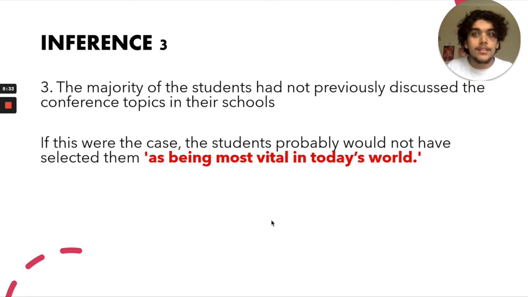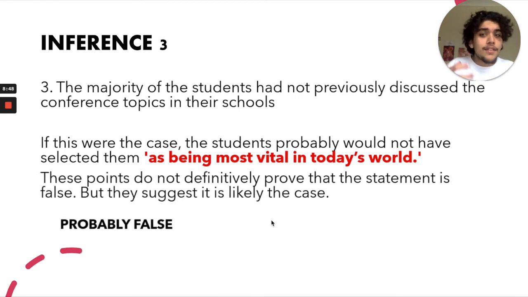You're thinking, right, if they had not previously discussed the conference topics, they probably wouldn't have selected them as being the most vital in today's world. They definitely do suggest that it's likely the case, but they do not definitively prove that that statement is false. So we can categorize that as probably false.